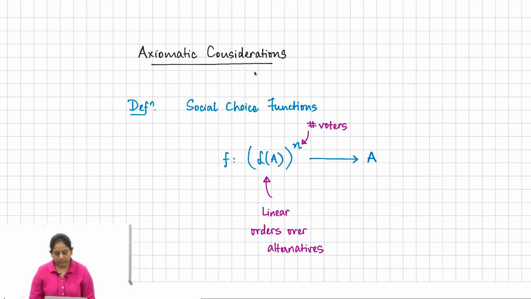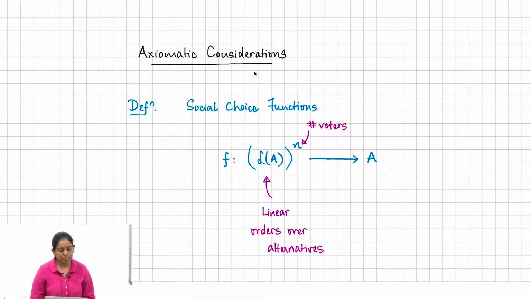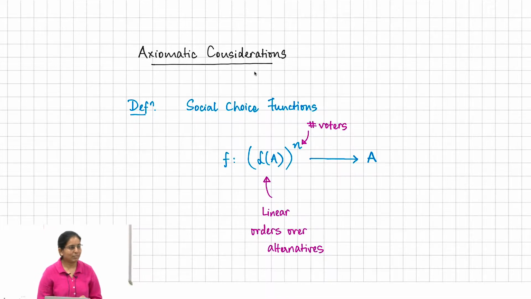So in this setting, things like unanimity and IIA don't really make sense in the way that we have stated them. Why do they not make sense in the way that we have defined them? What would it mean for a social choice function to be unanimous?